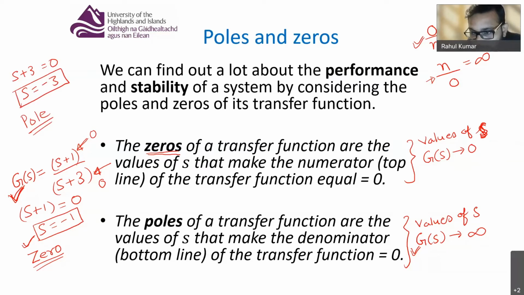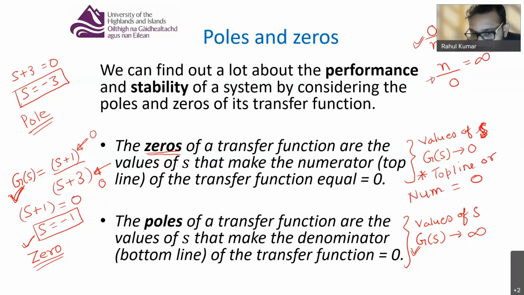I will add one more thing in the explanation. Zeros are those values of s which make my transfer function 0, that is, which make the top line or numerator equal to 0.